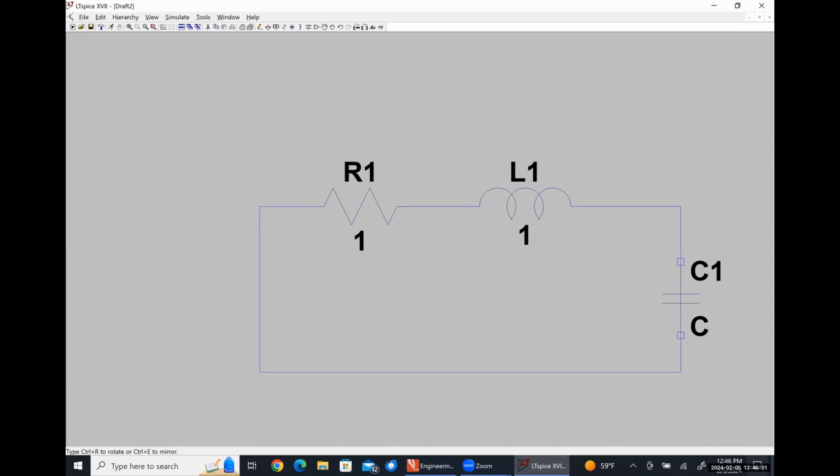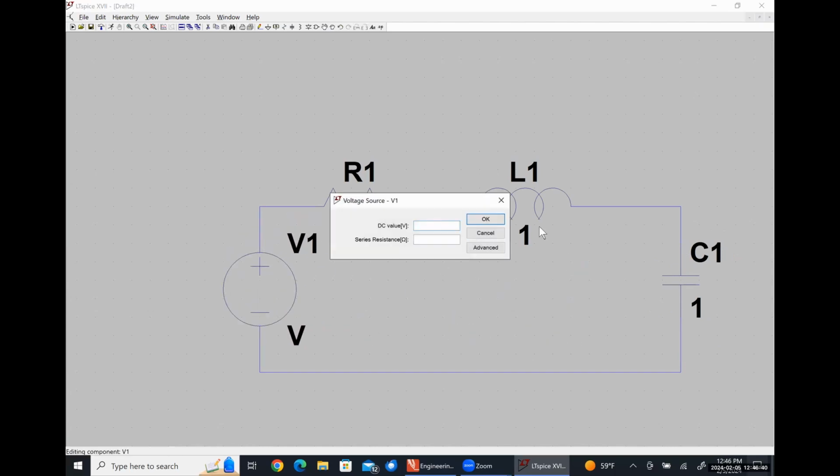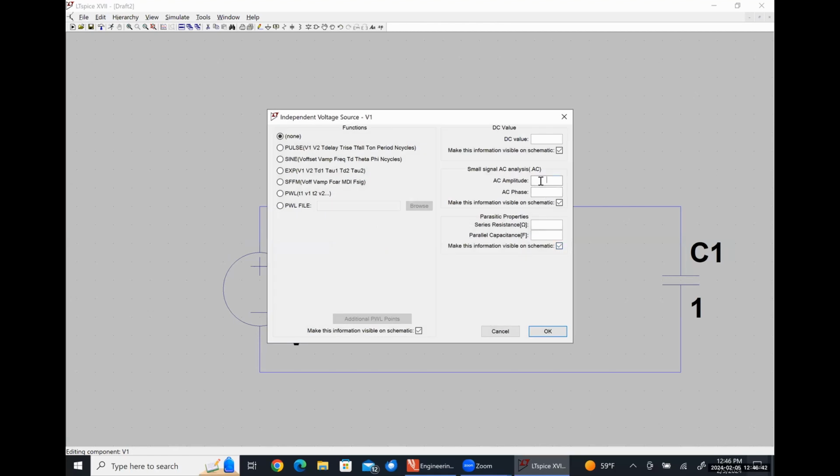Here's my capacitor over here. 1. Need a voltage source right here. AC amplitude of 1.